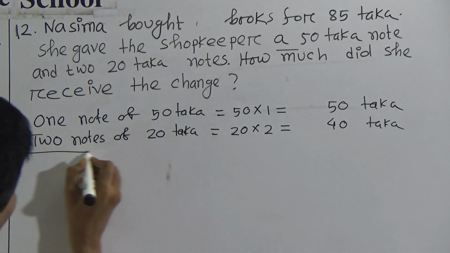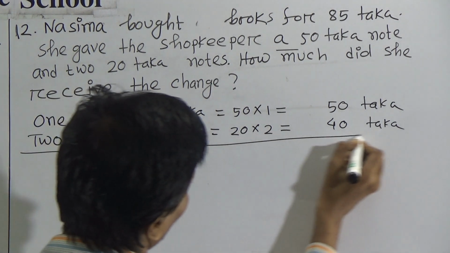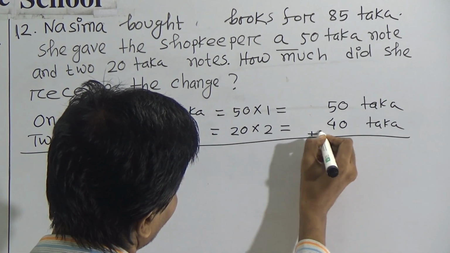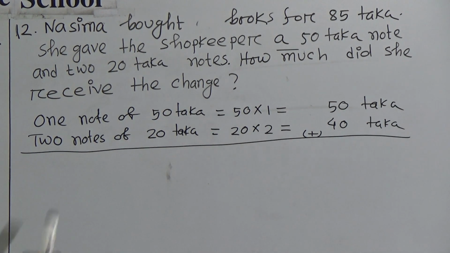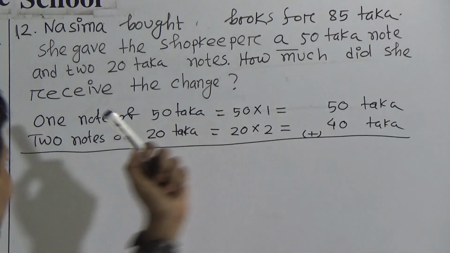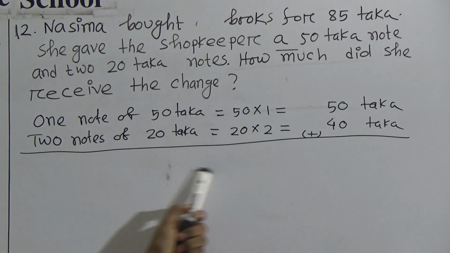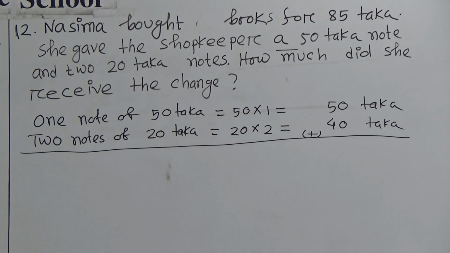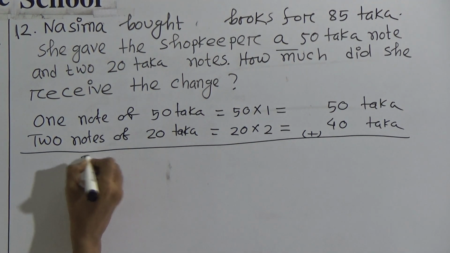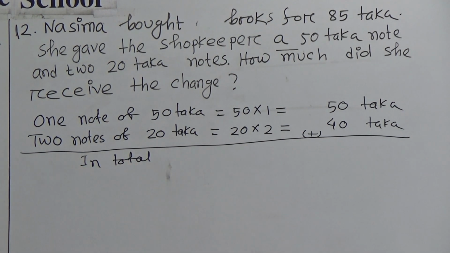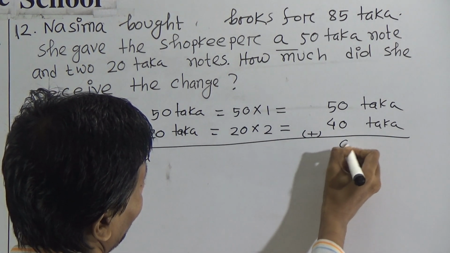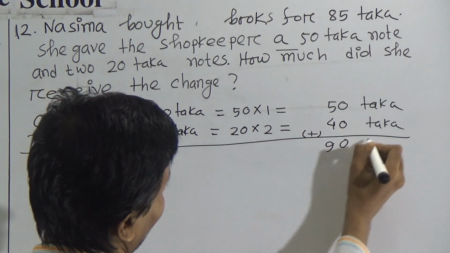Now in this way, this is addition. One note of 50 taka equals 50 taka and 2 notes of 20 taka equals 40 taka. In total how much taka? 0, 5 plus 4 is 9.